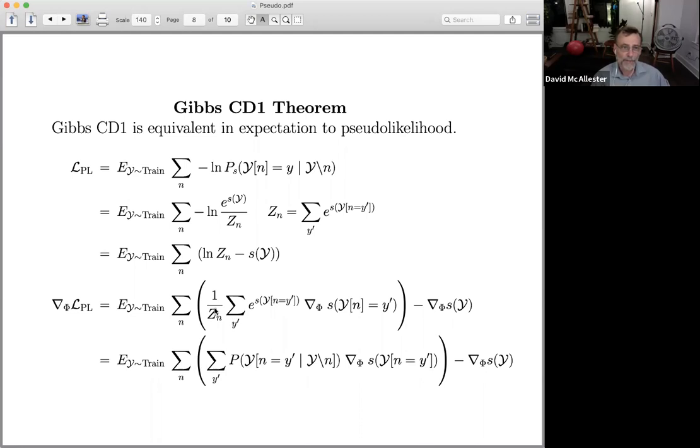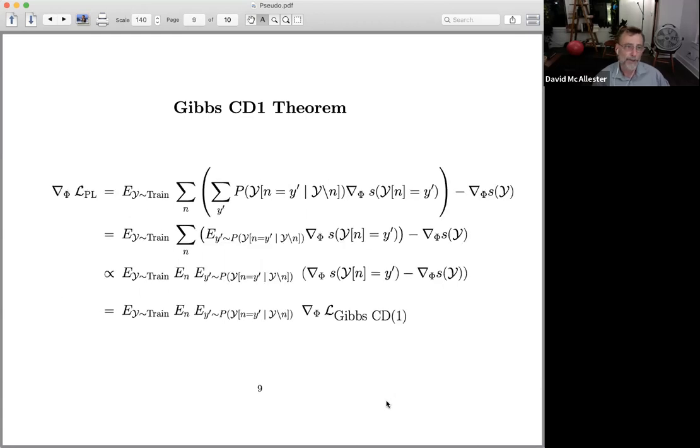Okay, so now if I take this 1 over Z and move it inside that sum, then the product of 1 over Z and this becomes the probability that n has the value y prime given the other nodes. So we're just back to having the probability here and the gradient of the score. I've just copied that first line over here. So this is where we were. We're still analyzing the gradient of the pseudo likelihood loss.